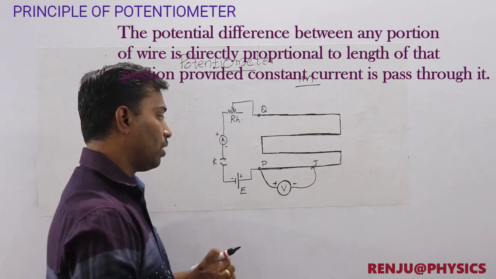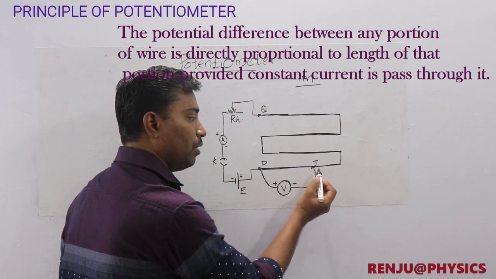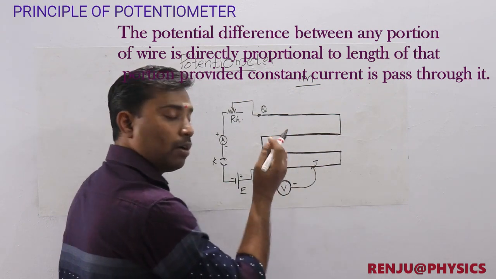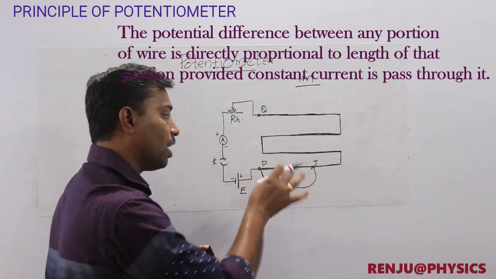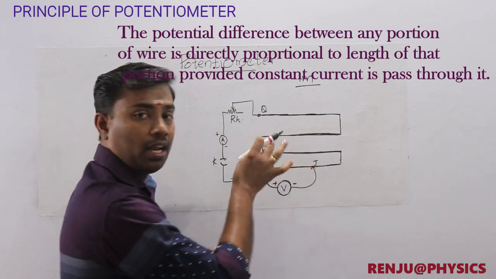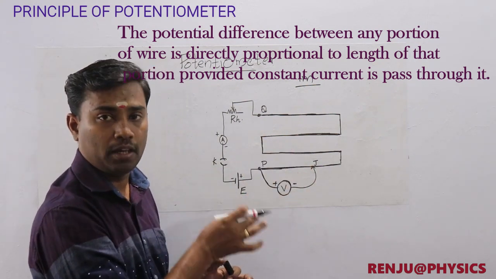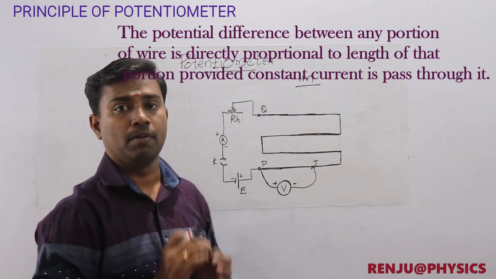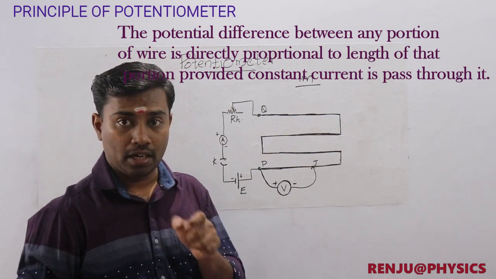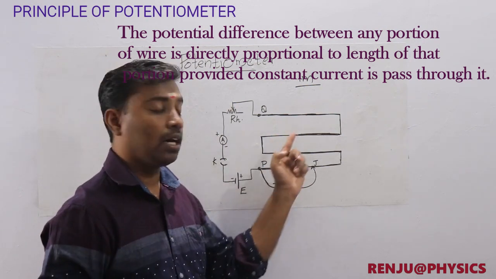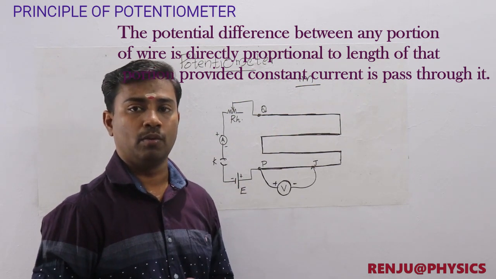That means the voltage drop between 2 points in a potentiometer wire is directly proportional to the length of the wire, provided a constant current is passed through the wire.